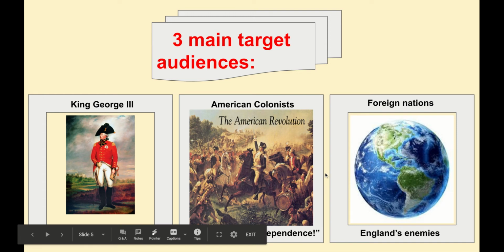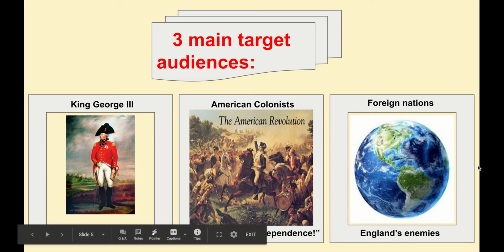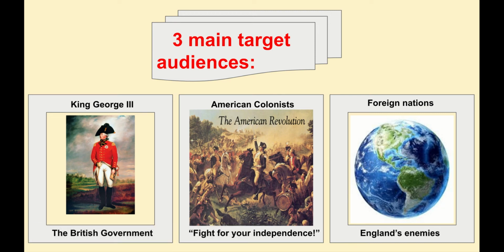You can imagine that it was difficult to get people to fight, most likely to their death, for their independence. So you can think of this as a motivational document also. And then finally, in order for them to be able to win this war, they were going to need support from foreign nations or from the world, specifically England's enemies.